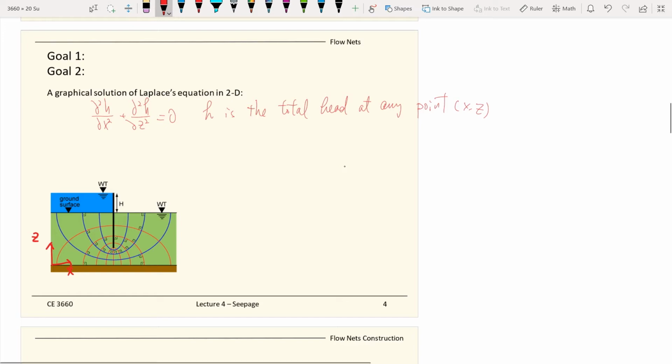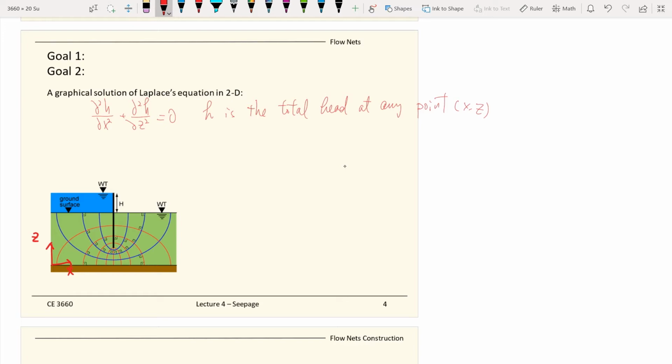And all these contour lines over here are the solutions of this Laplace equation. Since this is a two-dimensional problem, your solution is in terms of x and z, and all these lines represent the head, which would be the solution of those equations. If you're unclear on this point, please come to my office hour. But this is the concept behind what we're trying to achieve in this lecture.